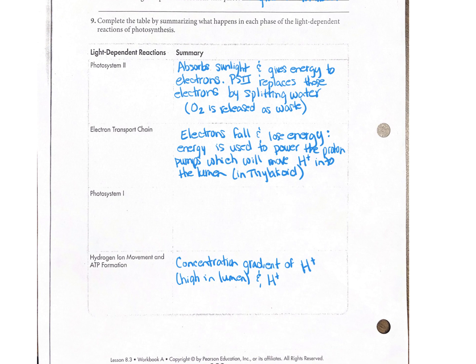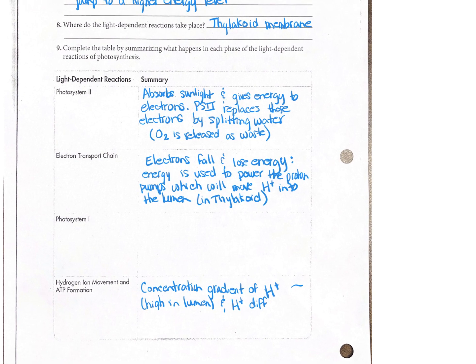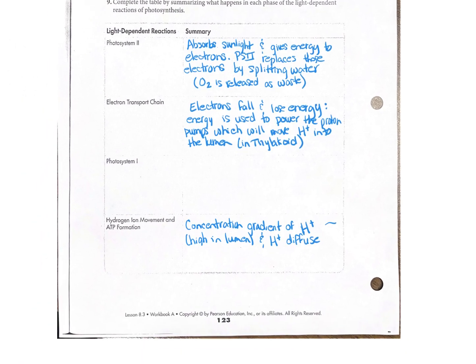So the protons are going to diffuse through their first available spot, which is ATP synthase. And that is the process of chemiosmosis, which makes ATP. So the electron transport chain powers the pumps, which makes the concentration gradient, which allows chemiosmosis to work.